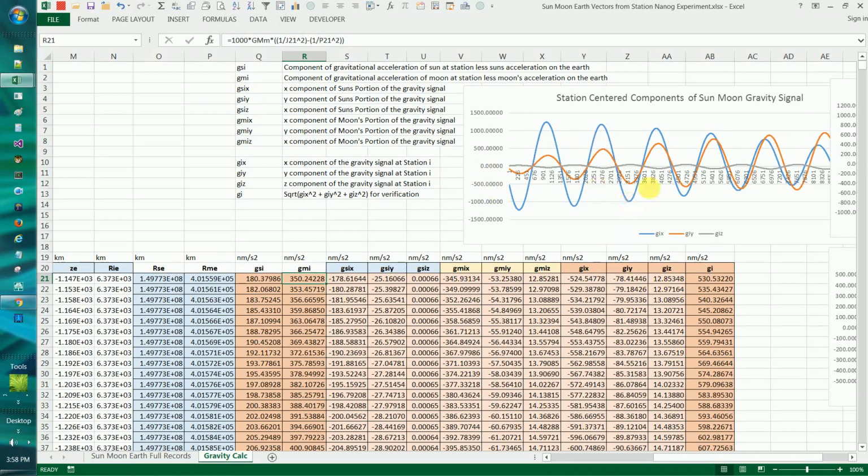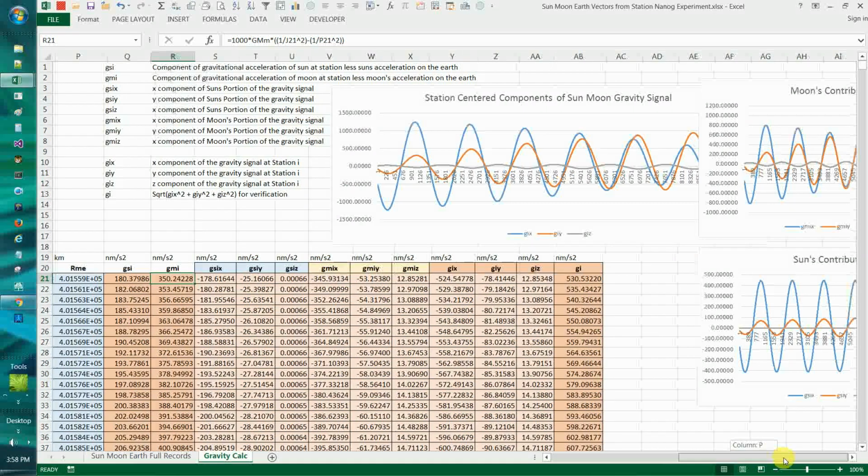So these three here show you what you can expect at the station. The Z component is along the Earth's north pole direction. The X and Y components are along the equator.